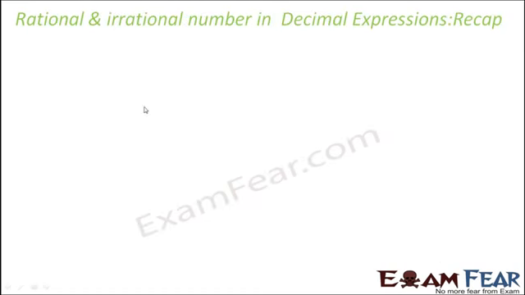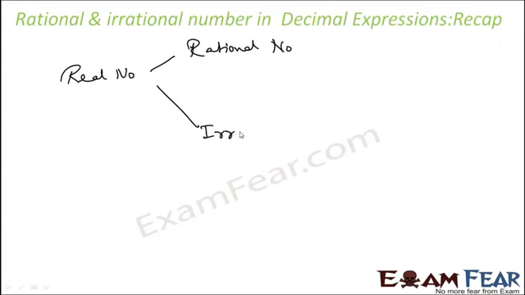So let's do a quick recap of rational and irrational numbers in decimal expression. So we have seen that real numbers are classified as rational numbers and irrational numbers.